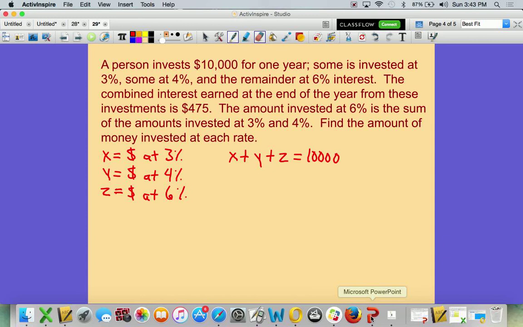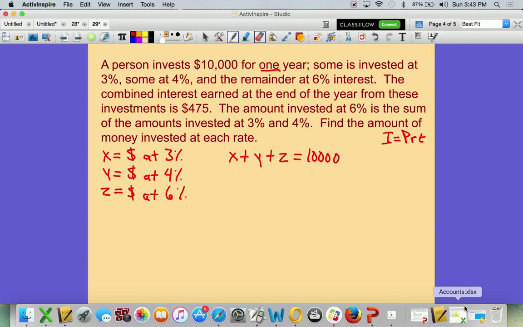interest in this situation is I equals PRT: interest equals principal times rate times time. Now what this is talking about is the combined interest, so we are trying to find the I here. T, it says, is 1, so this just acts like a 1.